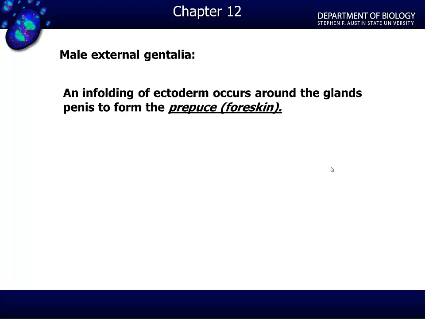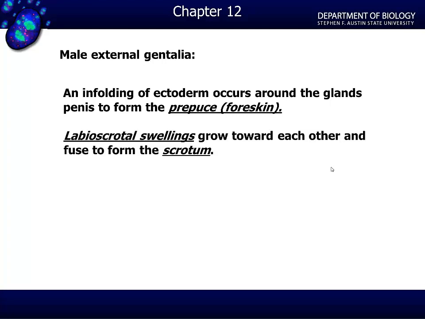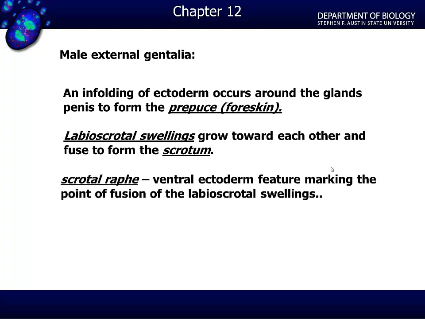It again is going to be surrounded by ectodermal tissue. This is going to be the prepuce or the foreskin. The labioscrotal swellings zip up, fuse along the midline, and form the scrotum. And again, we're going to have a ventral feature. It's going to be a raised line right along the midline of the scrotum, and this is called the scrotal raphe. It's like the zipper line, where these tissues zipped up to form the compartment to hold the testes.